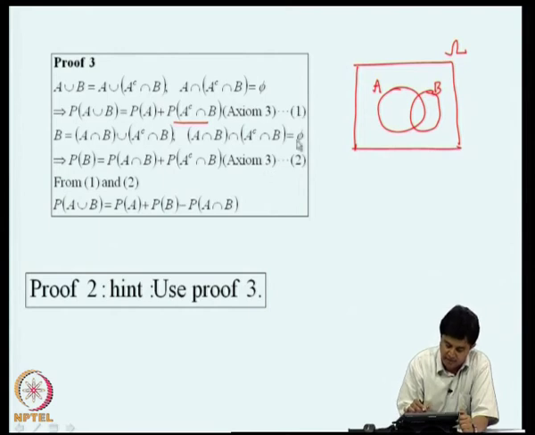Now, if you combine these equations 1 and 2, we get the requisite result, that probability of A union B is probability of A plus probability of B minus this. If A intersection B is a null set, we recover the third axiom. Okay. Now, the second corollary I will leave as an exercise. You can use this proof and arrive at the proof for the second corollary.